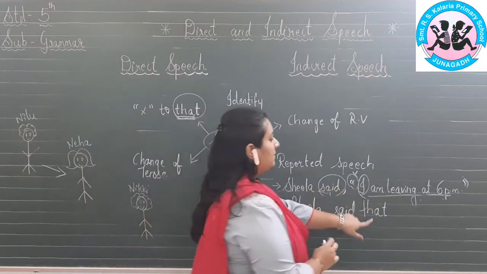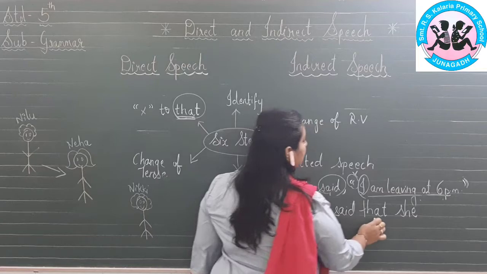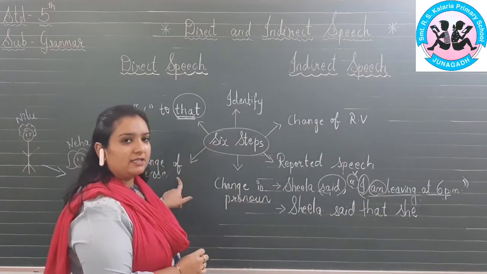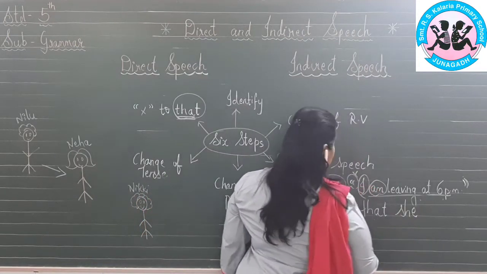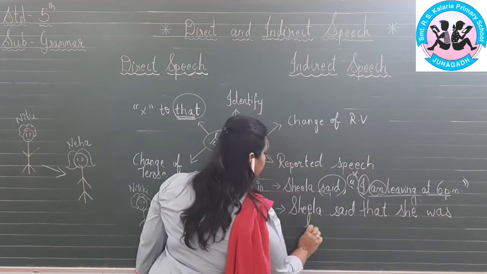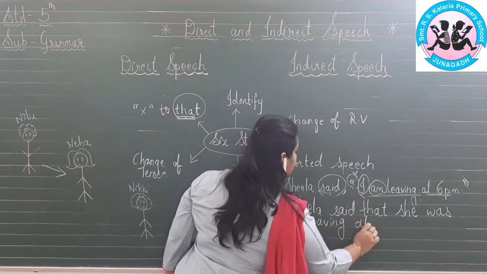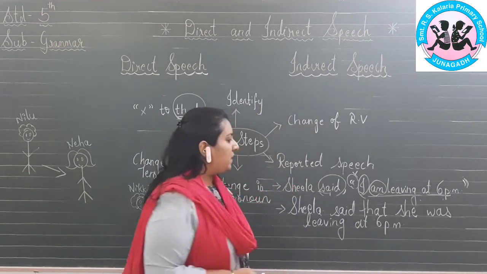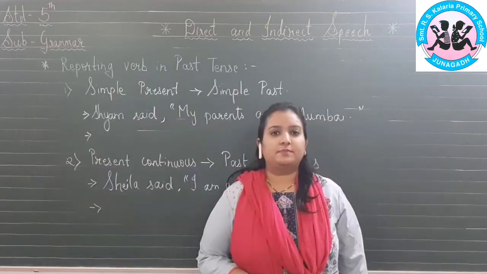So I will become she because it is a female: Sheila said that she. Then we have to change the tense from present tense to past tense. So we will say, Sheila said that she was leaving at 6 p.m. In this way we change a direct sentence into an indirect sentence.